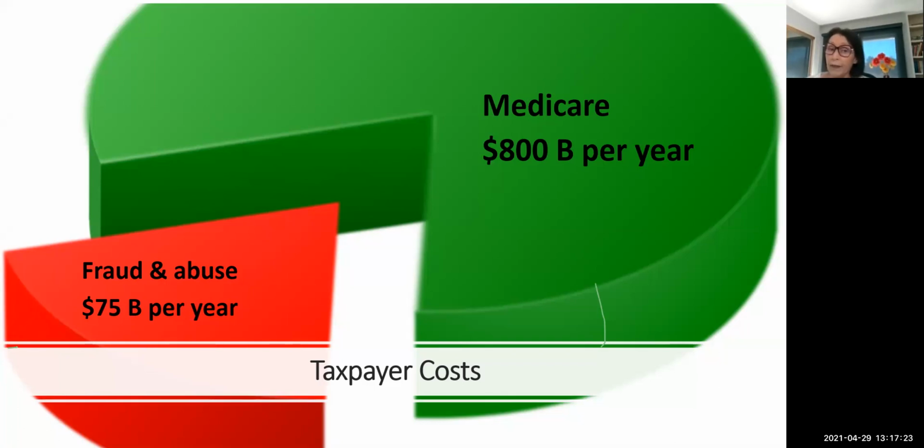The bad news is the section in the red. You can see that Medicare loses $75 billion of that 800 billion. That's almost 1 in every $10 to fraud, waste, and abuse. That means the criminals are getting our Medicare money when it should be provided to us for healthcare. And as taxpayers, we really should be concerned about all of that.